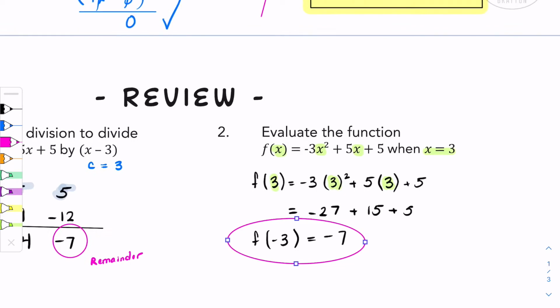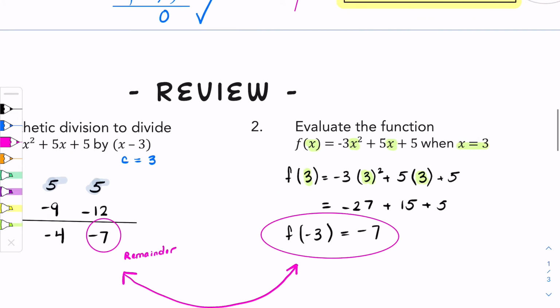So what I was planning on everyone noticing is that the remainder for number 1 using synthetic division and the answer for number 2, evaluating the function, both come out to negative 7. You also should notice that the functions are the same and your synthetic divisor compared to your evaluation term are the same.